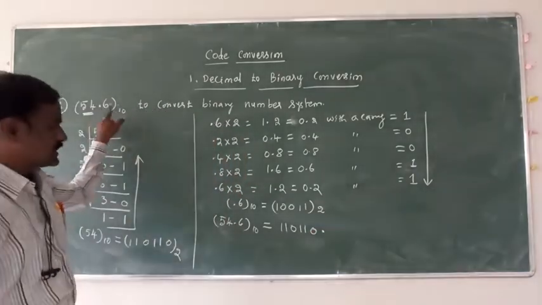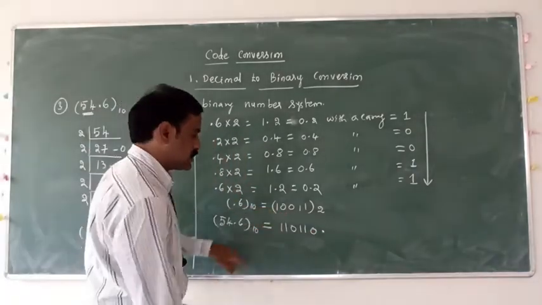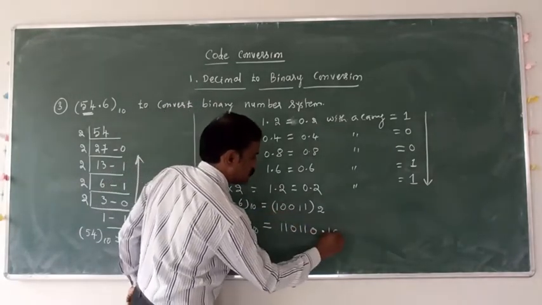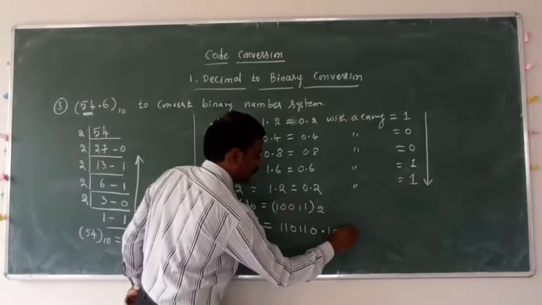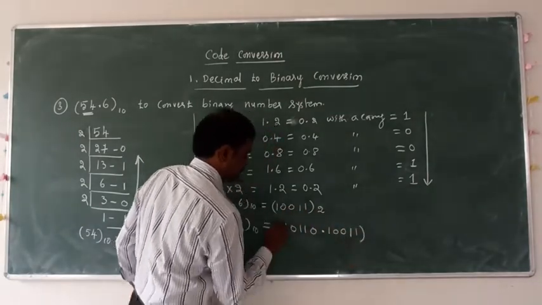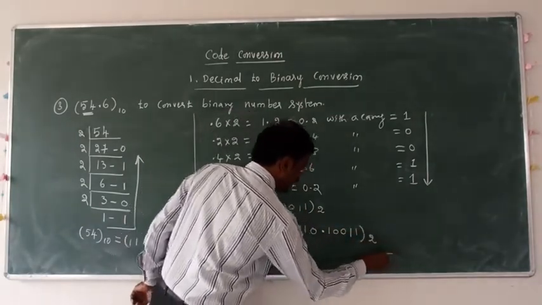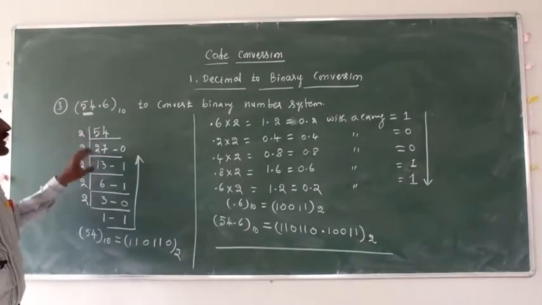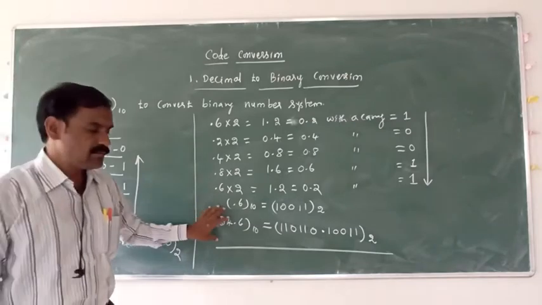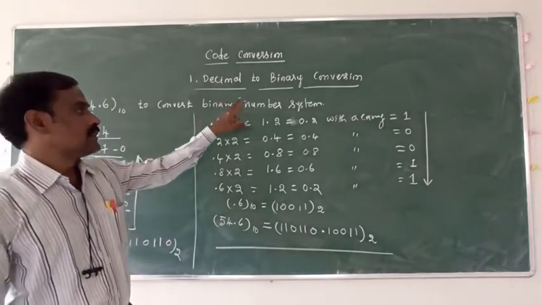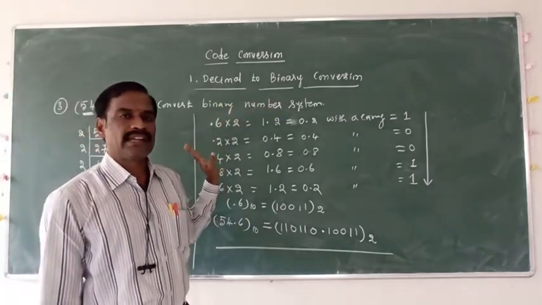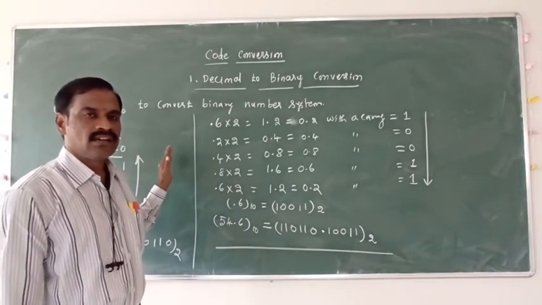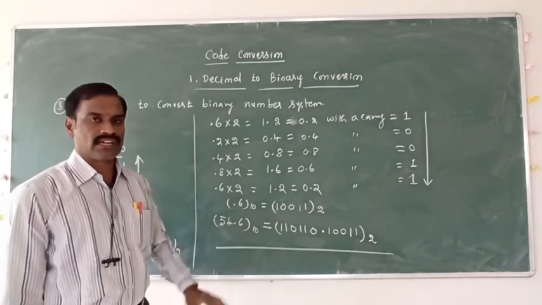Next is 6, the corresponding binary value. We have to start with 1, 0, 0, 1 and 1 base 2. This is the format to convert a given decimal number to the corresponding binary code conversion.